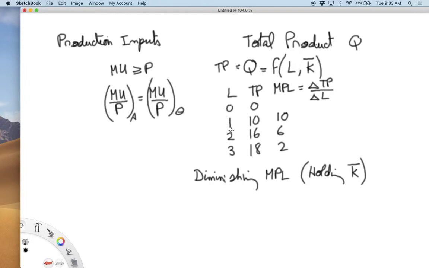The only thing is that if you're going to compare how much you're getting out of each worker with how much the worker costs you, the worker costs you something that is a dollar number. Here, I have 10 units. Maybe you're making t-shirts. I'm getting 10 t-shirts out of the first worker, 6 t-shirts out of the second, 2 t-shirts out of the third. So we have to convert these numbers to dollars.